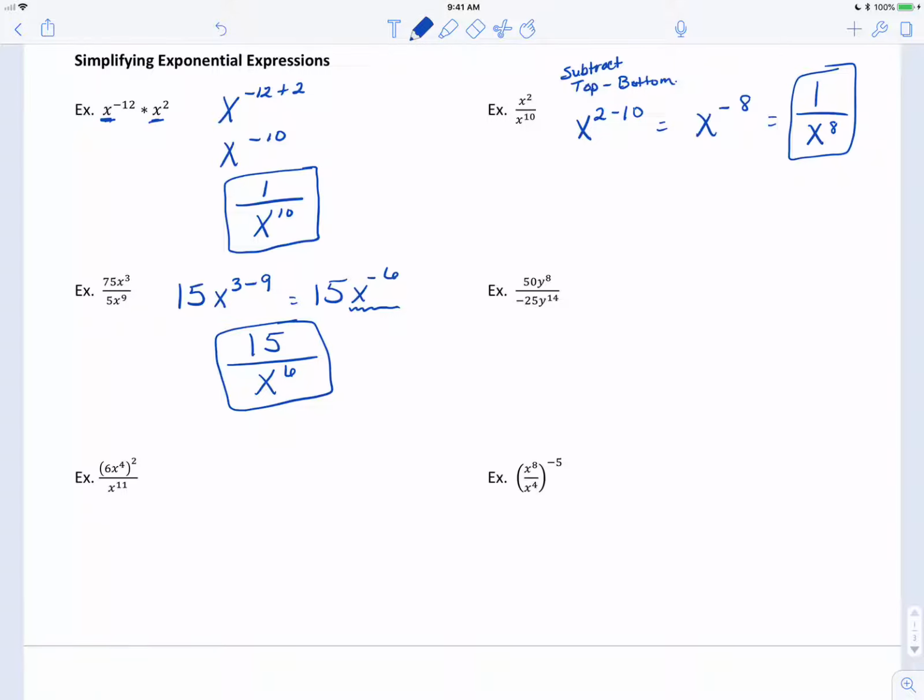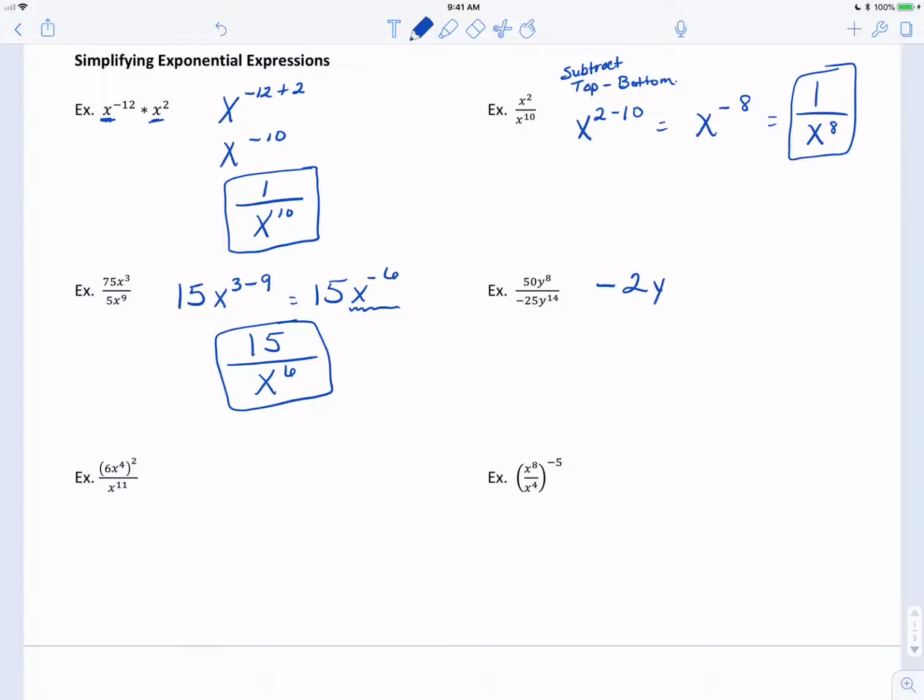Okay, so now this next example, we have 50 divided by negative 25. Again, remember that negative numbers are okay. So do not think just because you have a negative number it needs to go somewhere else. It doesn't. It's still just going to be, in this case, 50 divided by negative 25 is negative 2.